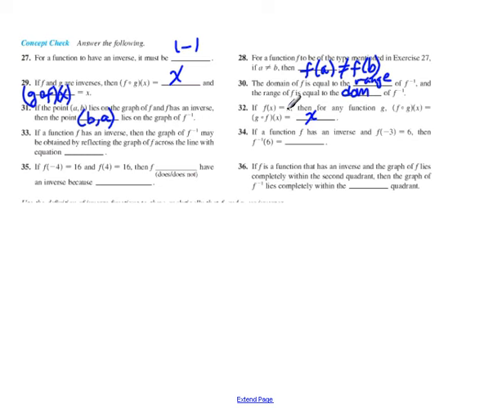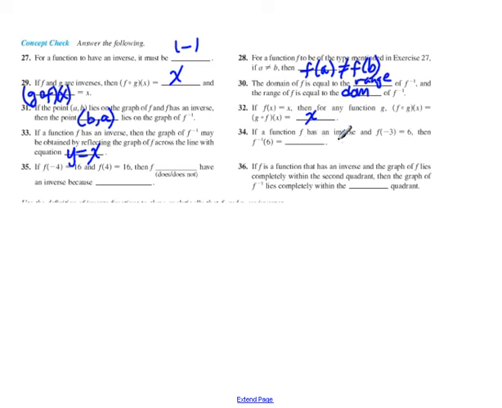Right, the identity function is its own inverse because the value of x doesn't get changed through the identity. If a function f has an inverse, then the graph of f inverse may be obtained by reflecting the graph of f across a line with the equation y equals x.